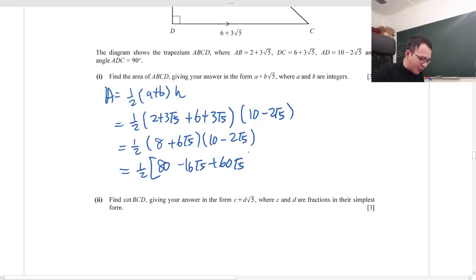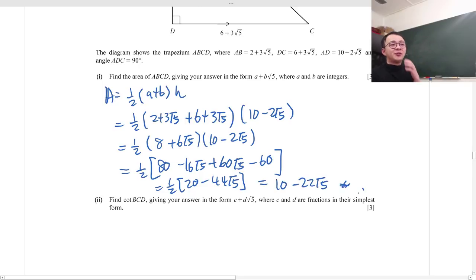And then this one will give me 12 times 5 is minus 60. I guess I didn't make a lot of mistakes here. So this is half of 20, and then this one should be minus 44 root 5. So my final answer is 10 minus 22 root 5. Yeah, should be quite simple for this one.